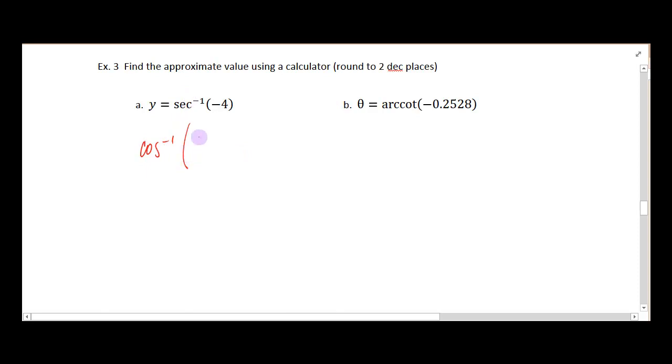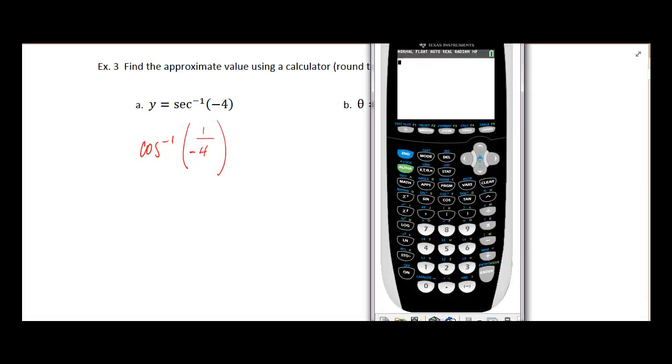But instead of taking the reciprocal of cosine, we actually take the reciprocal of the angle when we enter this into the calculator. So I would enter it like this, 1 over -4. I'm going to use the reciprocal identity, cosine inverse, but it's the angle that I am actually reciprocating. So we're just going to plug that in.